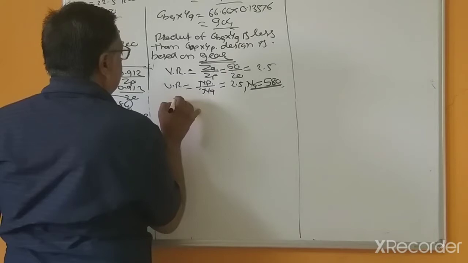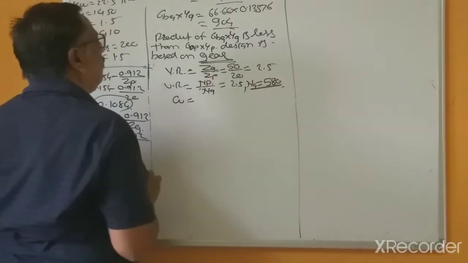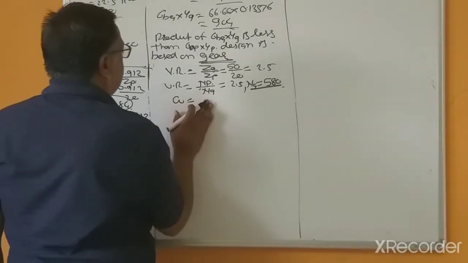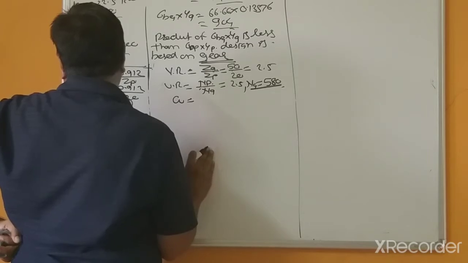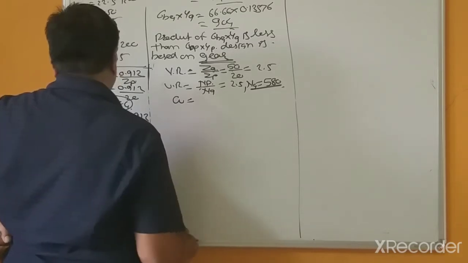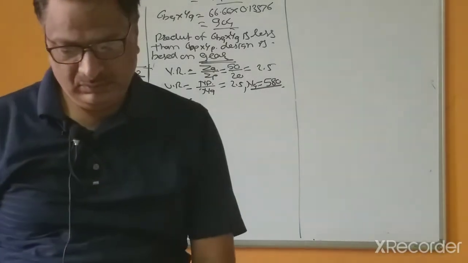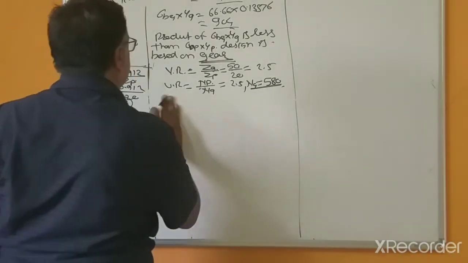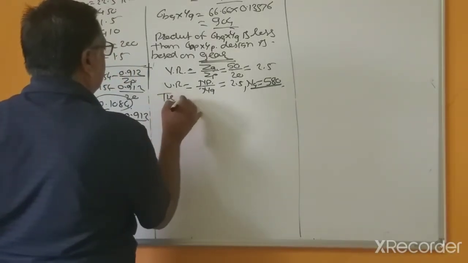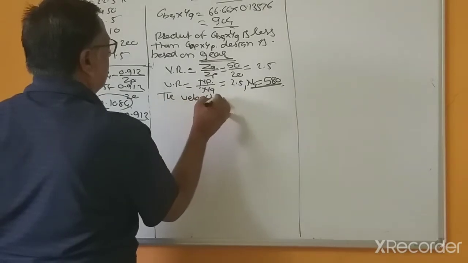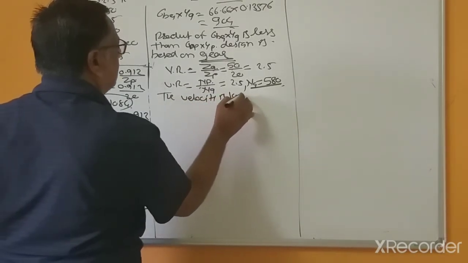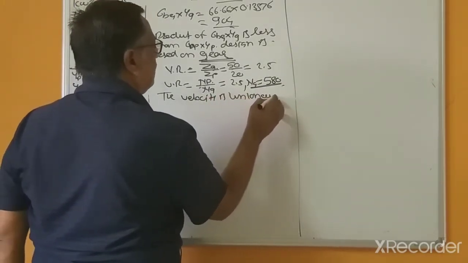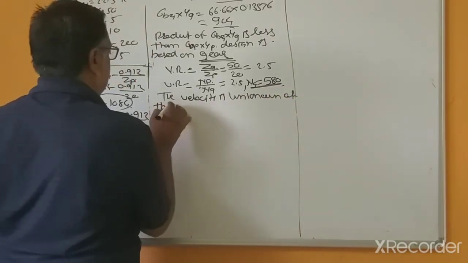So we require CV equal to, again we can't calculate because DP is unknown, so the velocity is unknown at this stage.